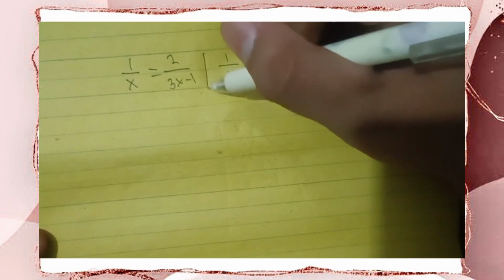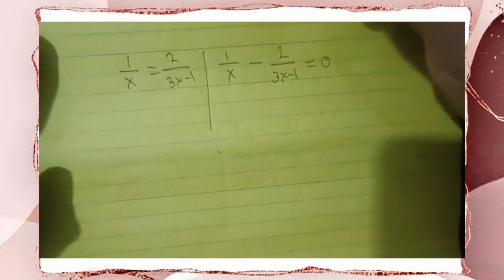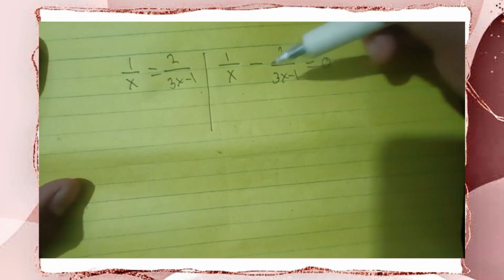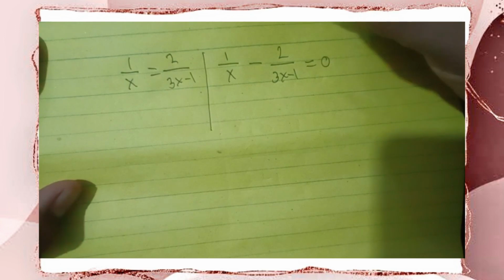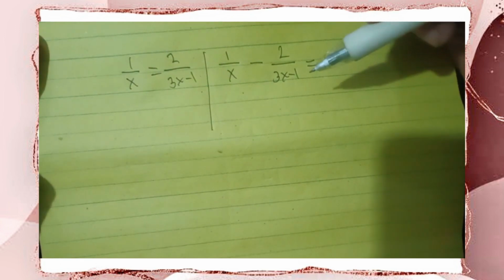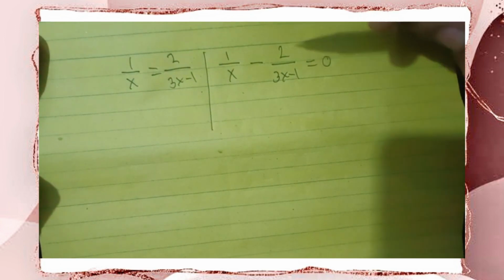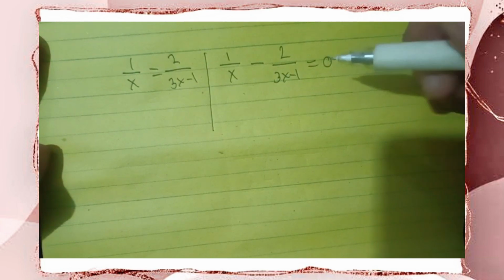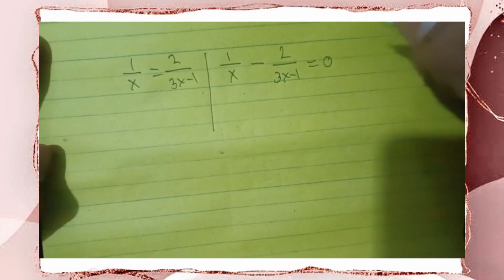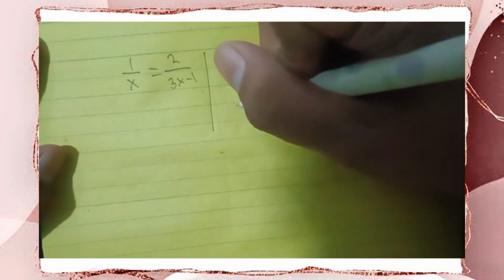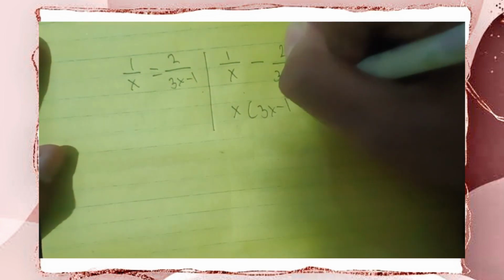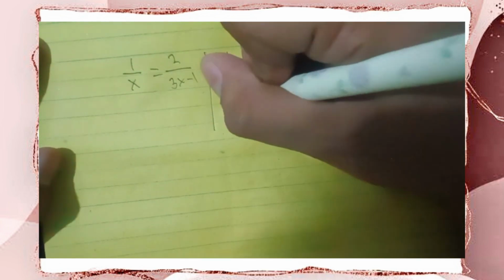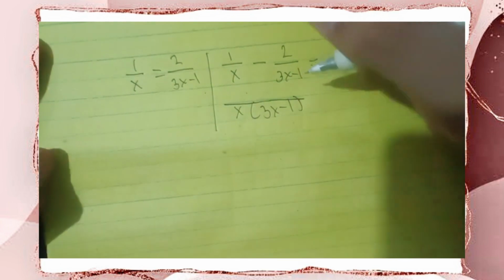Since we transposed it, this one is our given now. First, we're going to find the LCD. So let's bring down the x and 3x minus 1, and let's put here the line.